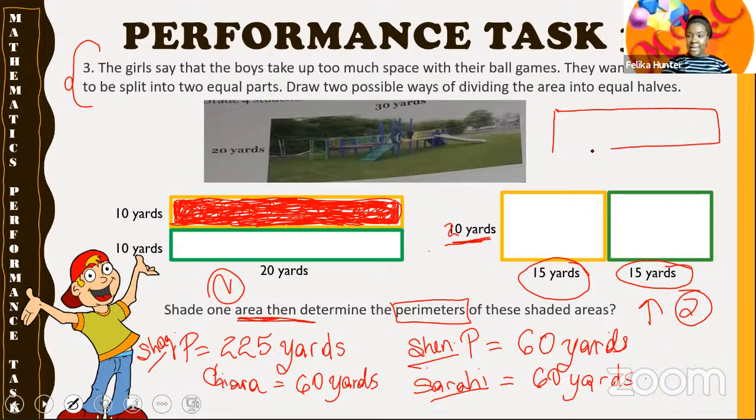So let's look at it now. Here is 10 and here is 20. So that's 10 yards and that's 20. If that's 10 and that's 20, then up here is 20 and over here is 10.